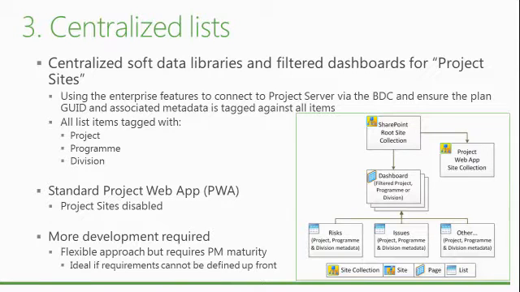Which means that in SQL, you could query it by the division and get all the division risks, or get all the program risks, or the ones particular to the project, depending on your query. So if we put that into a SharePoint environment, with a centralized list for risks in this scenario, we can have extra metadata against every single risk for project, program, and division.